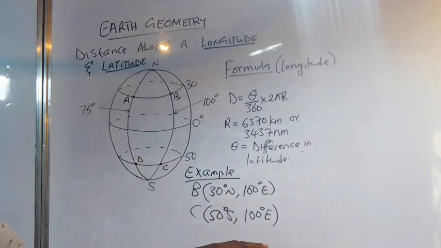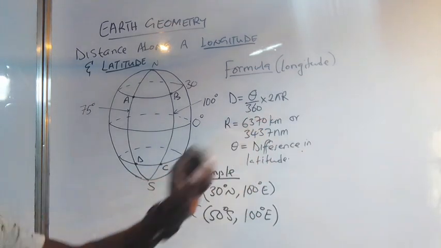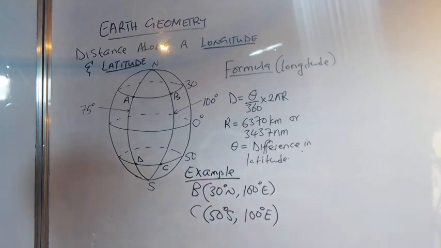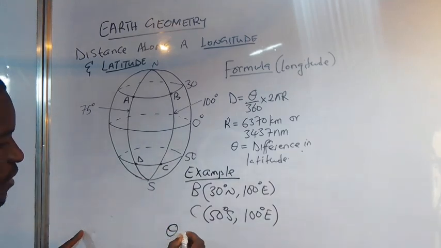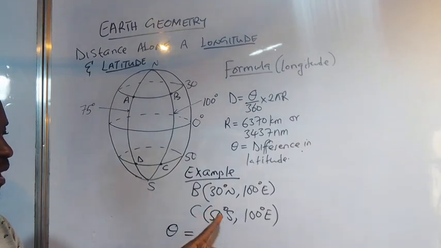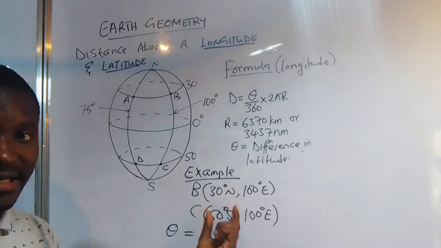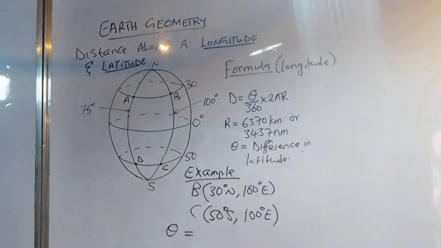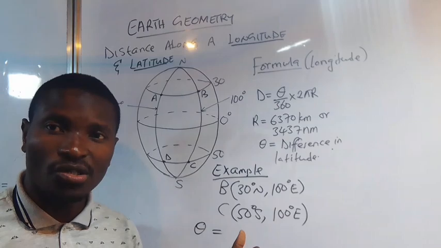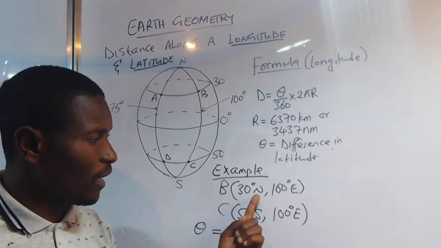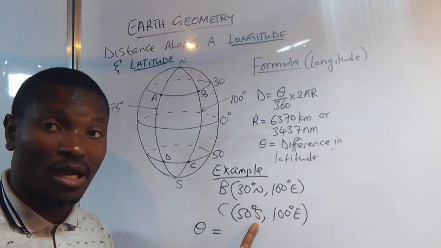So when you have such a case, where the points are coming out in that manner, then the formula to use is this one. First of all, we are going to find out our theta. Now, when you have the theta, you go to the latitude, and you have the other one north and the other one south.